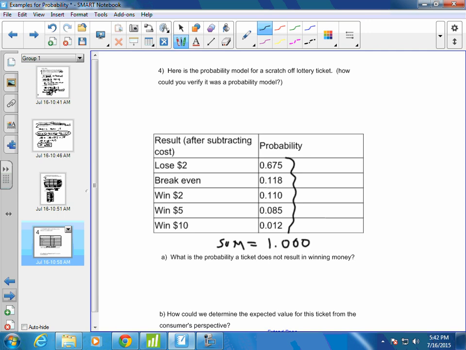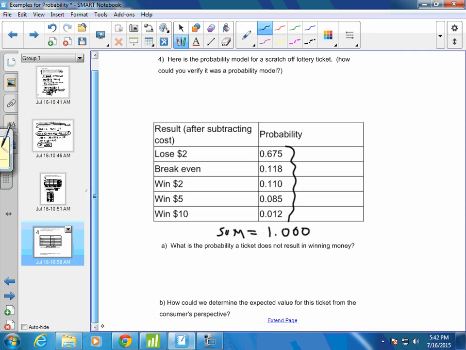Now, part A, what is the probability that a ticket does not result in winning money? All right, well, not result in winning money, that could be the loss of $2 in the top row or a break even. So I guess if we just did 0.675 plus 0.118, notice it's nicer here.